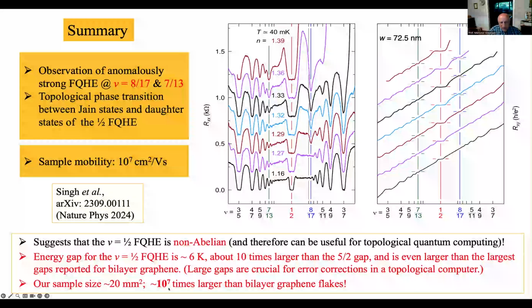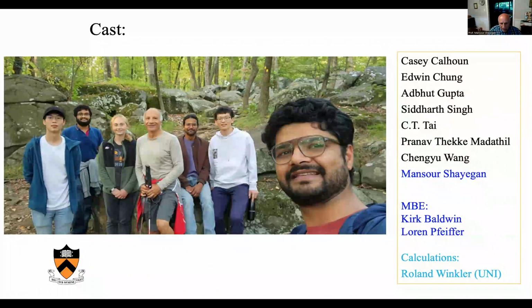In bilayer graphene, the best quality data are in flakes which are still of the order of micron size. So the size of our samples is about 10 to the 7 times larger. That makes it much more interesting for eventually scaling up a topological quantum computer.